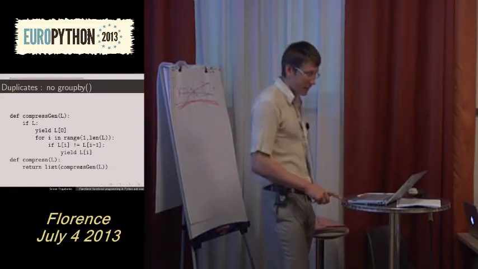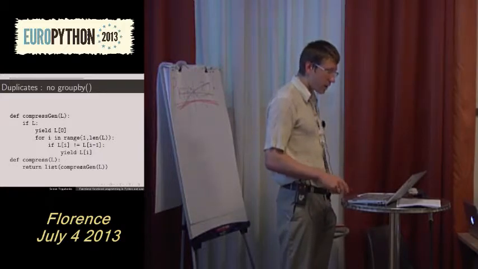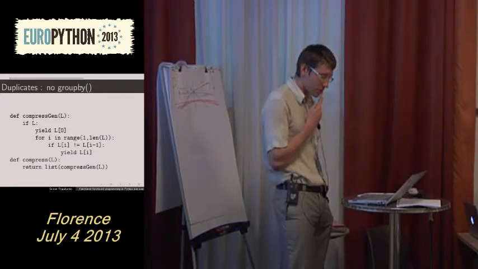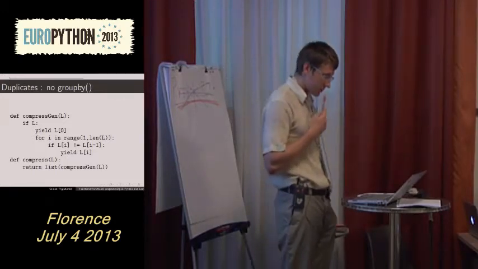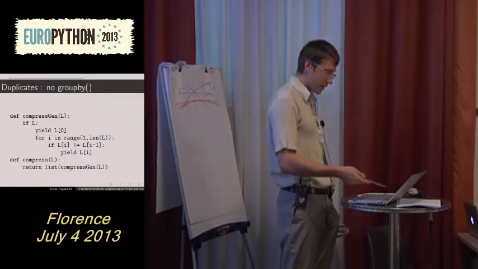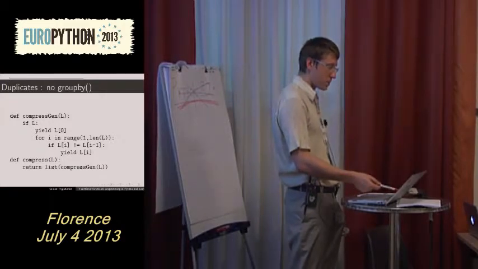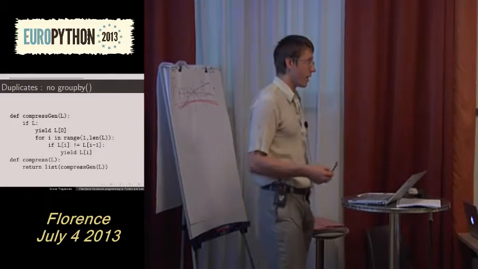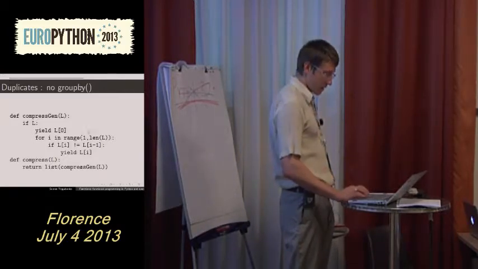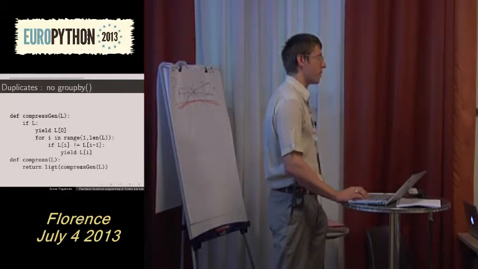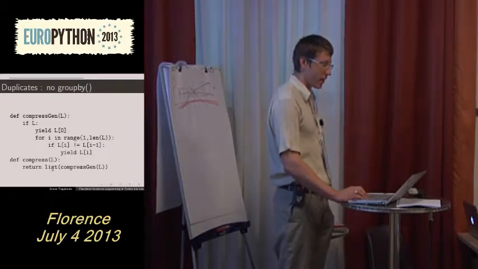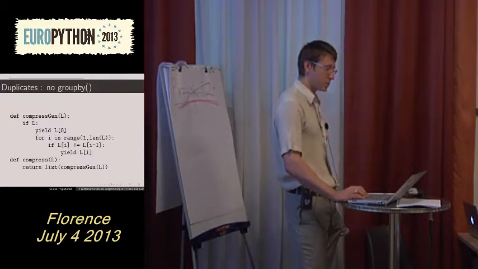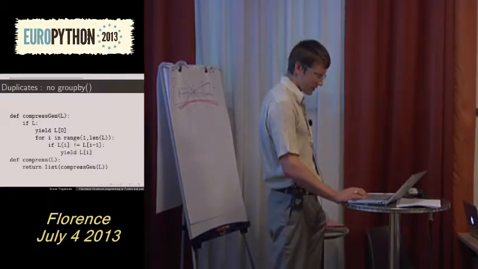Basically I've defined a generator, and it looks like so. The compress is defined in terms of the generator function that I invoke on the list, and to make sure I return a list rather than a generator, I pipe it into a list here. This is solely for the purposes of satisfying the assertions below. But the generator can be used on its own somewhere else, since it's a function.